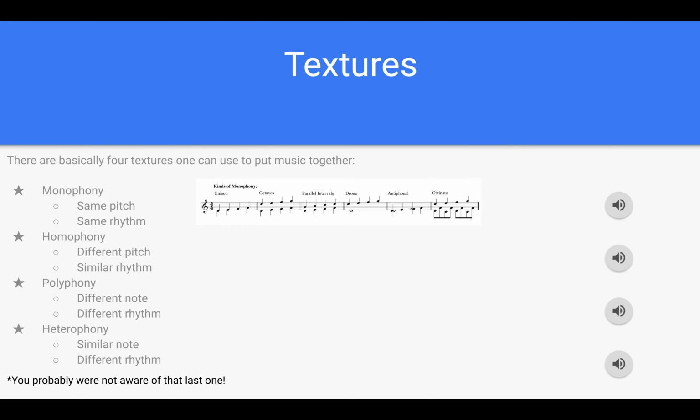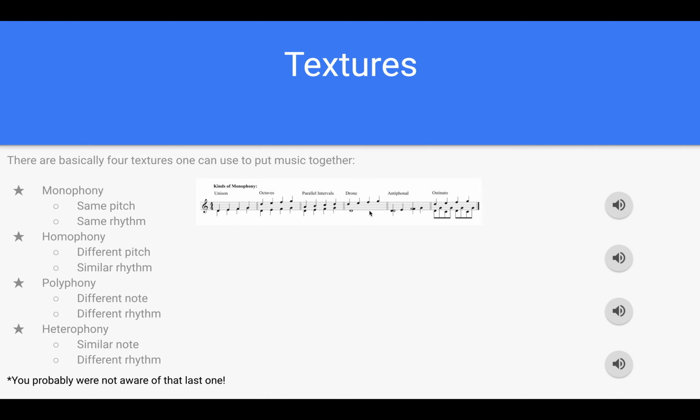Kinds of monophony. Yeah, actually, a lot of things could be classified as monophony. One is the unison, everyone singing in unison. Another one is people singing in octaves. Were you aware singing parallel intervals, especially fifths, is a form of monophony?